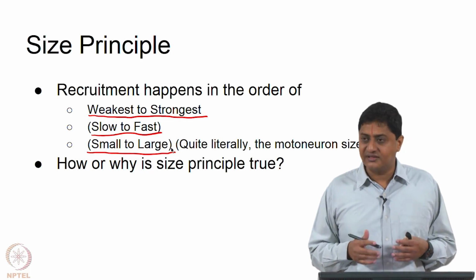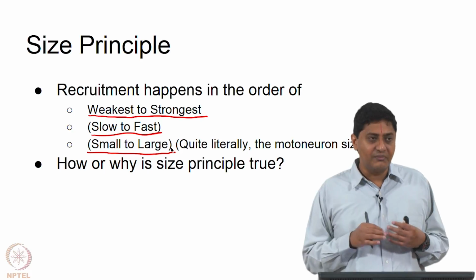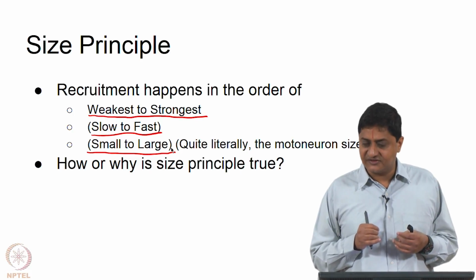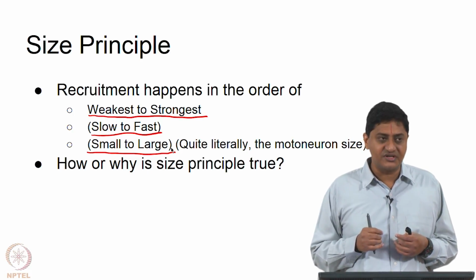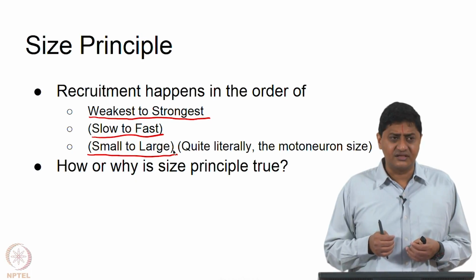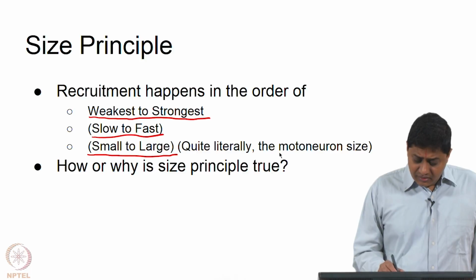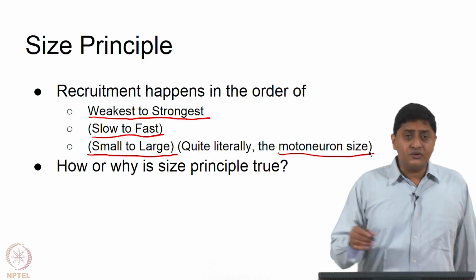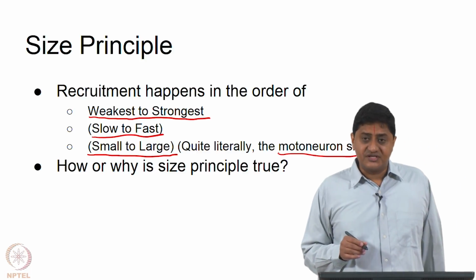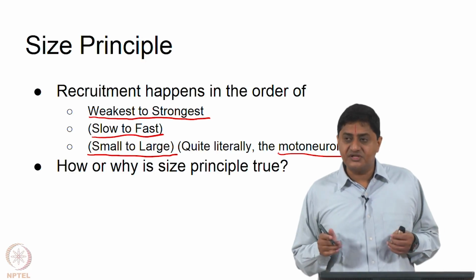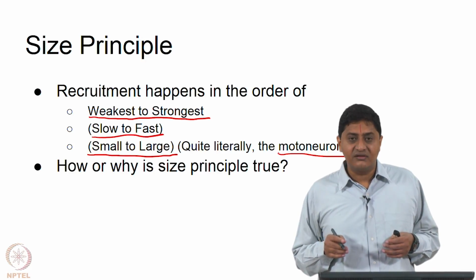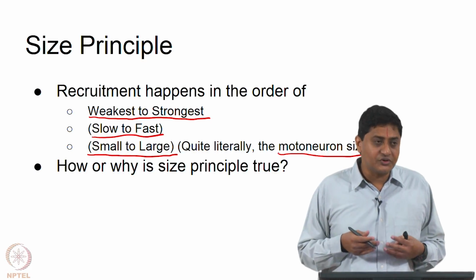If it is small, then that is a small motor unit. If the innervation number is large, we call it a large motor unit. Actually, quite literally, the motor neuron size also correlates very well with the motor unit size. In other words, the large motor units usually are innervated by large motor neurons.